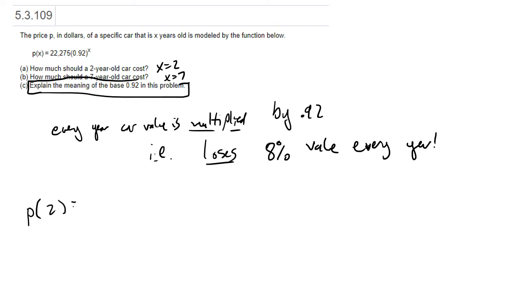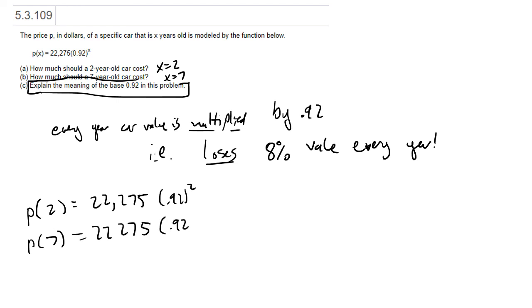So P of 2 is going to be 22,275 times 0.92 squared, and P of 7 is going to be 22,275 times 0.92 to the 7th. Okay, so if I just pull open a calculator to quickly compute these things, 22,275 times 0.92 squared is 18,853.56.